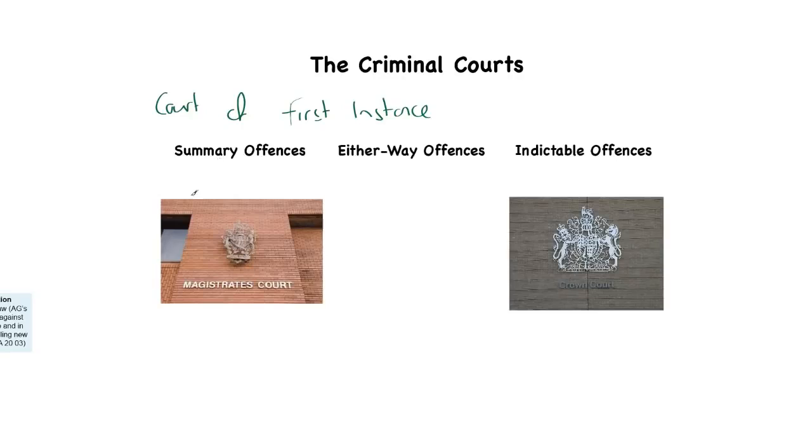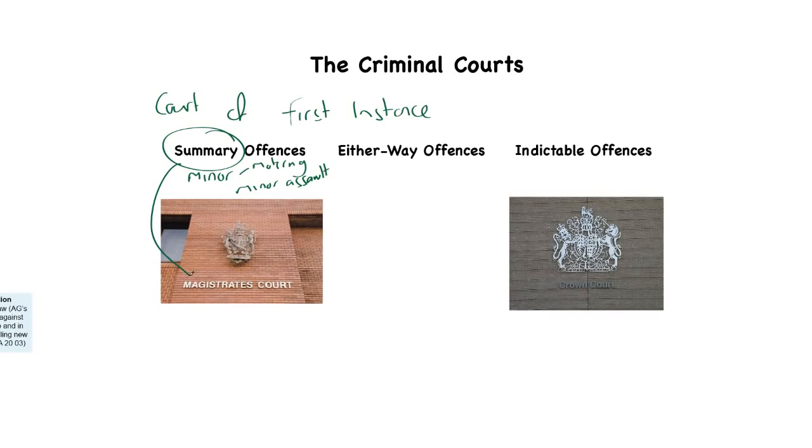The first are summary offences, and summary offences are generally more minor offences. We're talking about things like motoring, and it doesn't look like motoring at all, but it is motoring, and minor assaults, for instance. To be fair, the bulk of cases heard in court are summary offences.